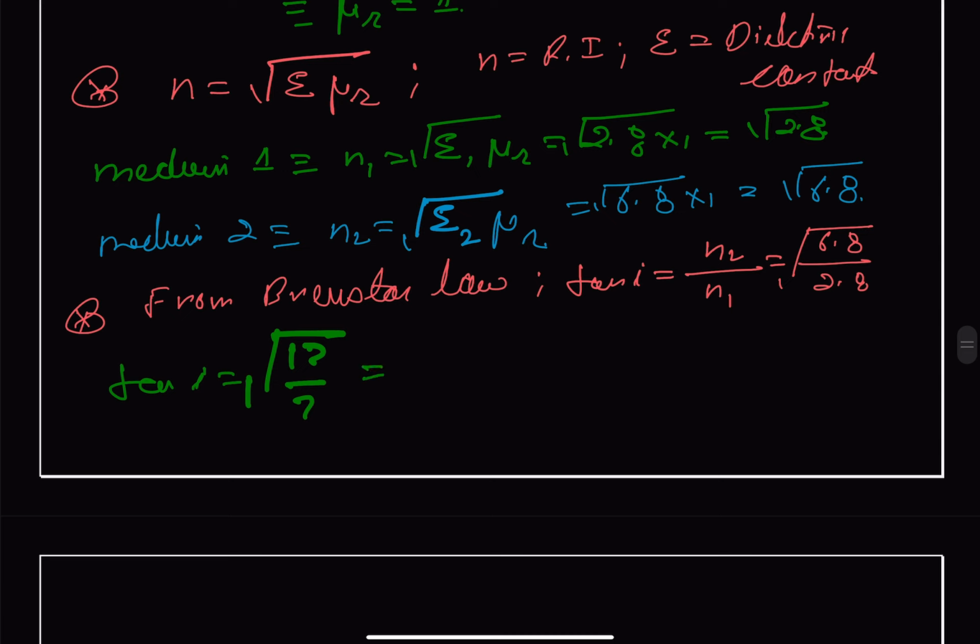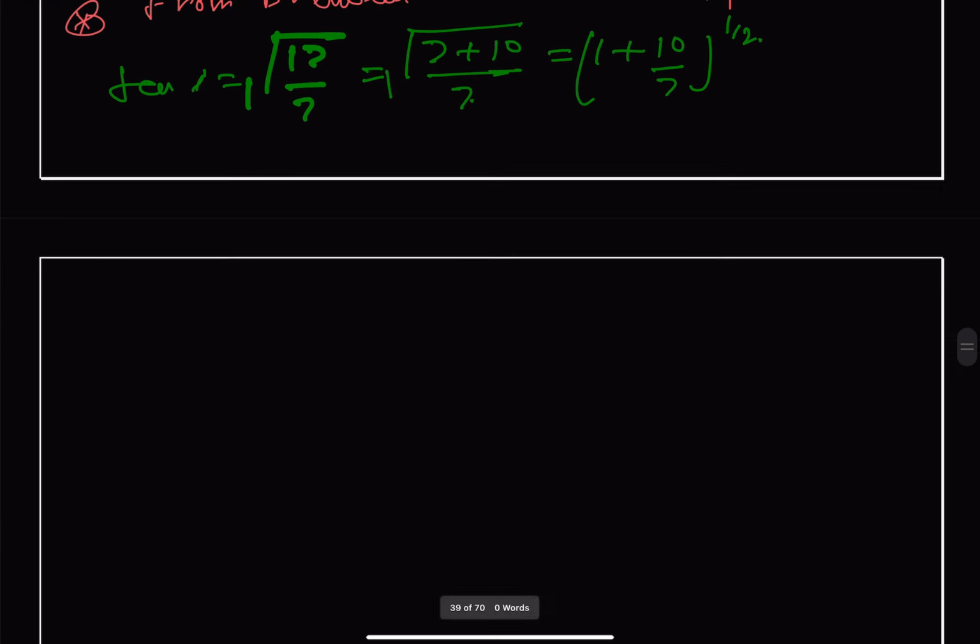So we can write this as 1 plus 10 divided by 7, whole raised to power 1 by 2. And we get our I. From here we can write I will be equal to tangent inverse of 1 plus 10 upon 7, whole raised to power 1 by 2.